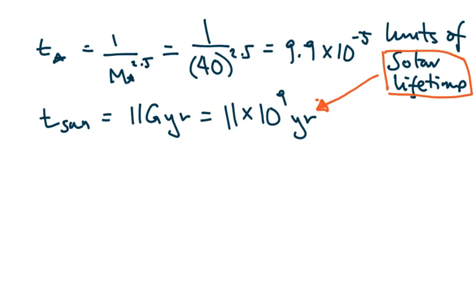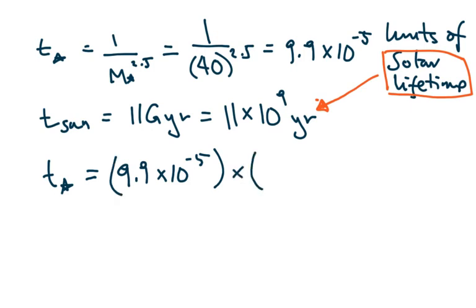So now we can take the value that we had in solar units. So the lifetime of the star is now given by 9.9 times 10 to the minus 5. That value we calculated in solar units, and now we multiply it by the lifetime of the Sun, 11 times 10 to the 9 years.